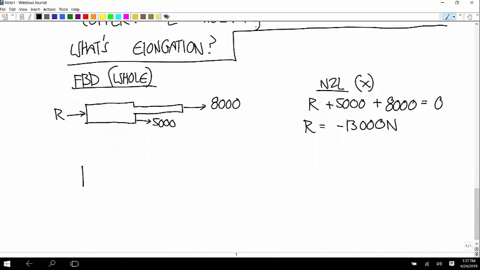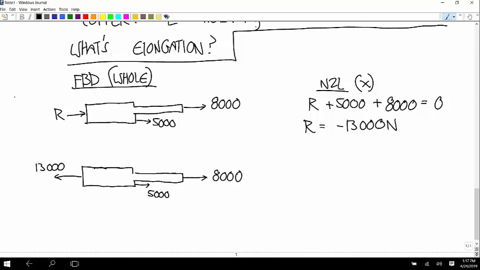And so now rewrite this free body diagram. And we know we have a 13,000 Newton force this way, 5,000 Newton force this way, 8,000 here. So that's what we're starting with.